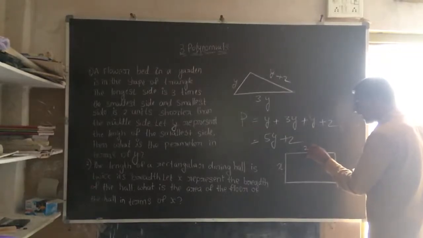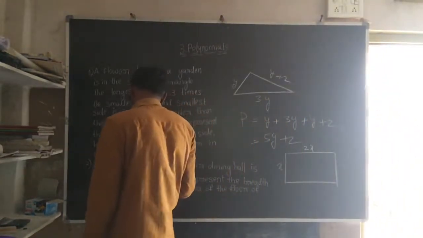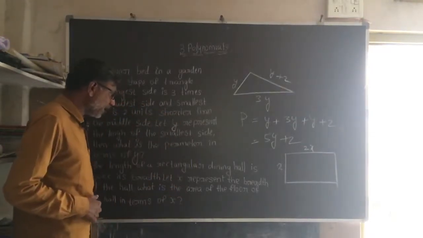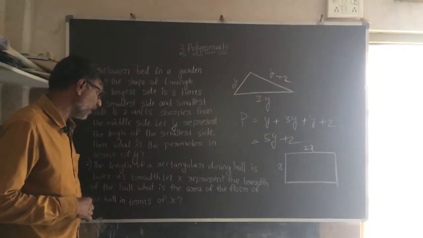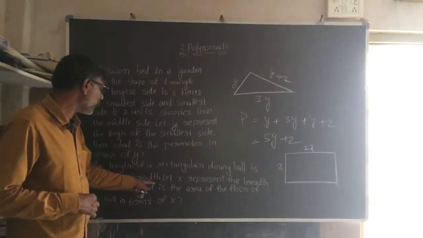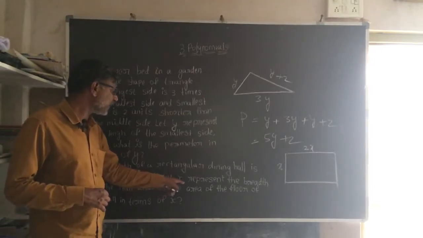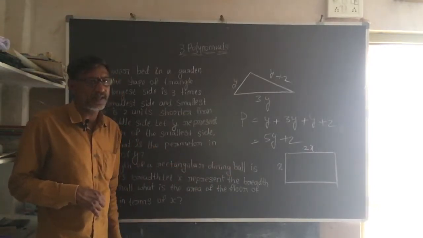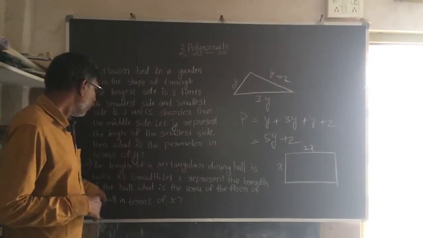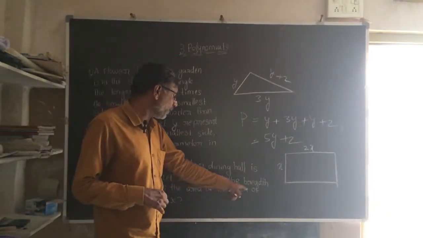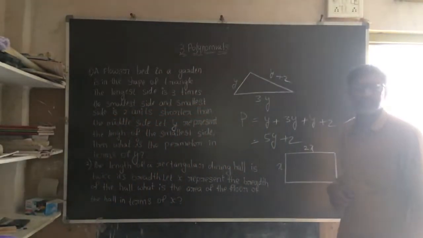And its length is twice that. See here, by reading this, we get an idea. The length of a rectangular dining hall is twice its breadth. Let x be the breadth of the rectangle. What is the area of the hall in terms of x?